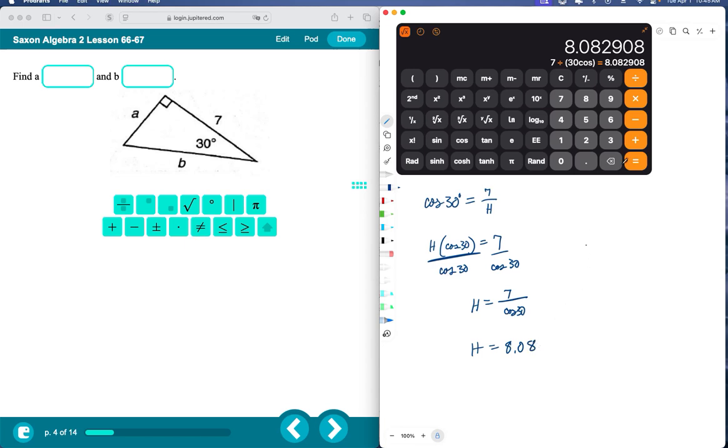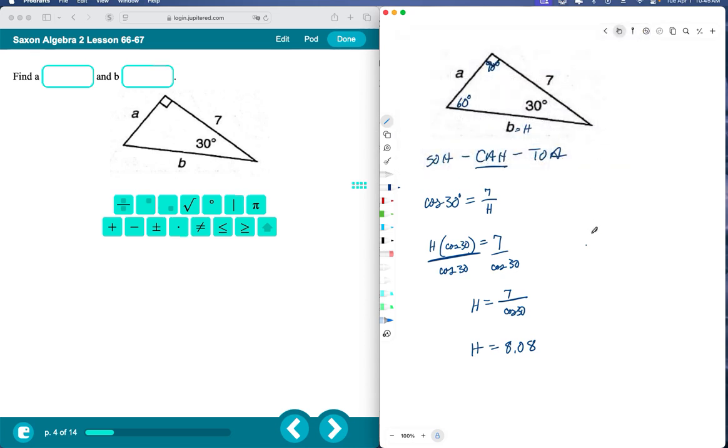All right, so now that I have 8.08 here, I can actually do my Pythagorean theorem. So that's going to be 8.08 squared is equal to a squared plus 7 squared.